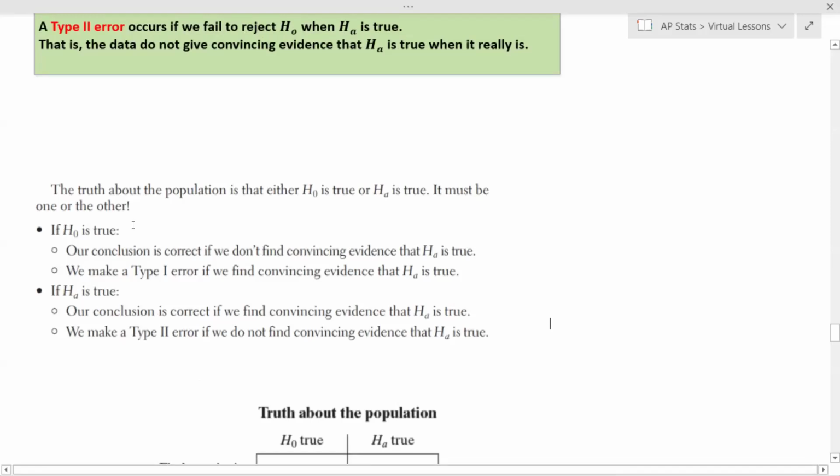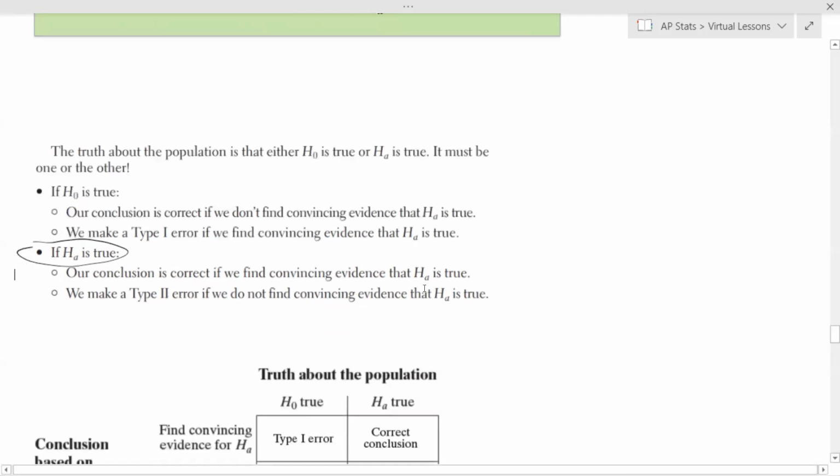Either our conclusion was correct, if we didn't find evidence that the alternative is true, or we made a type 1 error if we find convincing evidence that the alternative is true. Then if the alternative is true, that means one of two things. Our conclusion is correct, or we make a type 2 error if we don't find convincing evidence that the alternative is true.